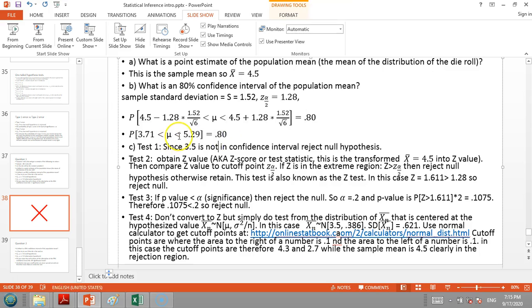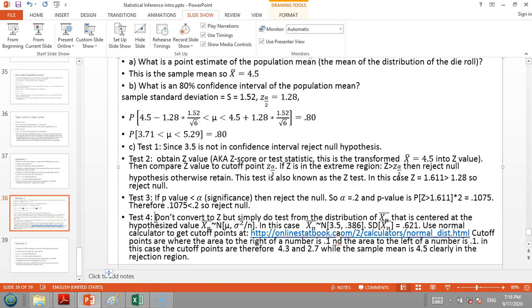In this case, 3.5 is not in the confidence interval. Therefore, I'm going to reject the null hypothesis if it's not in the confidence interval. And so this was the confidence interval way. If it's in the confidence interval, I'm going to retain the null hypothesis. These are all the same thing.